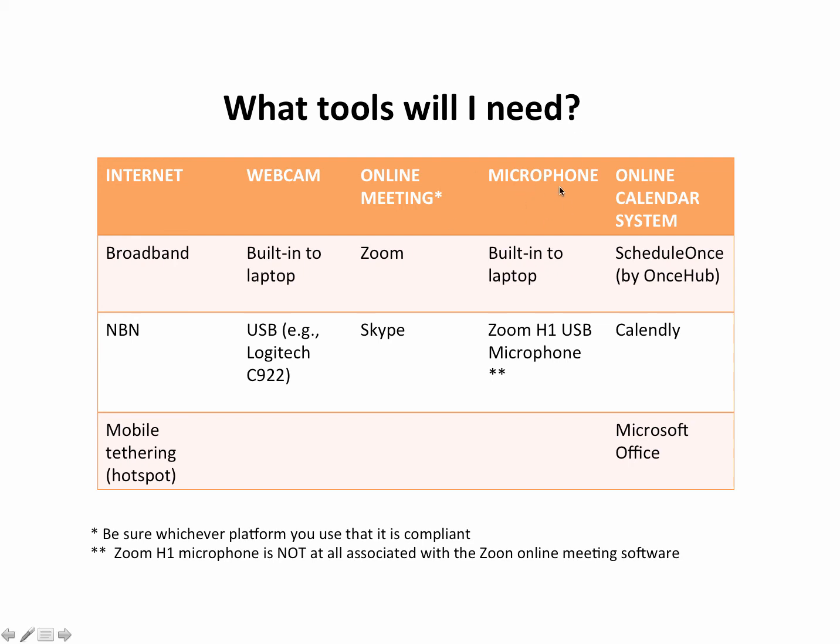In terms of options for microphone, well, the microphone I'm talking to you on right now is one called the Zoom H1 USB microphone. Now, this microphone's frankly about 10 years old, yet works as well today as it did 10 years ago. It has no relationship whatsoever to the Zoom online meeting software.